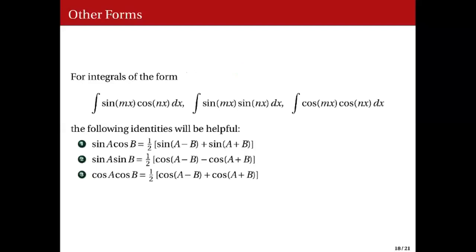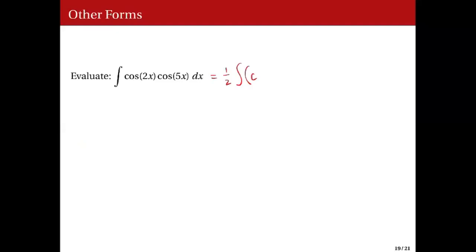So that's cosine A minus B plus cosine A plus B. We will have here cosine 2x minus 5x plus cosine 2x plus 5x, quantity dx.